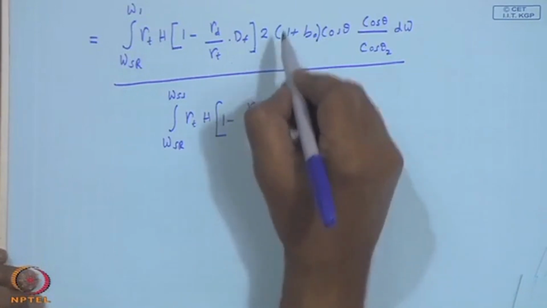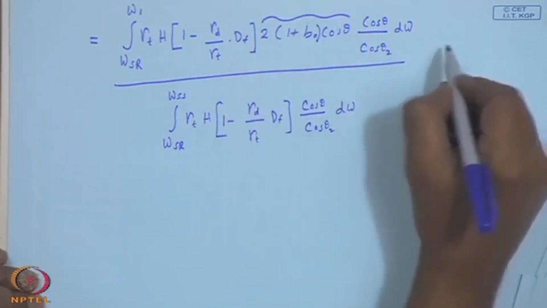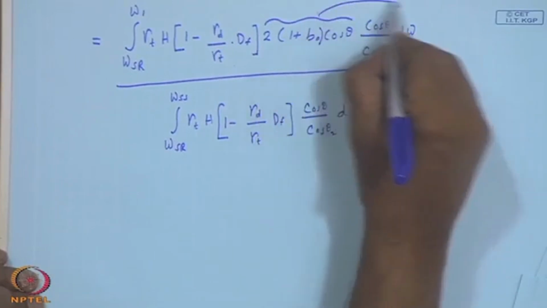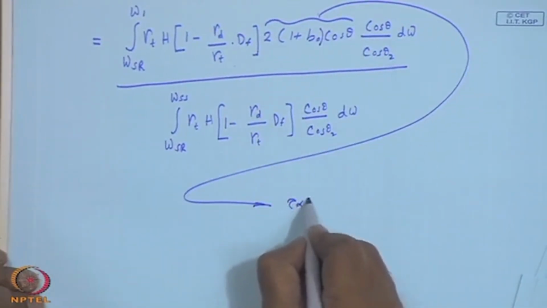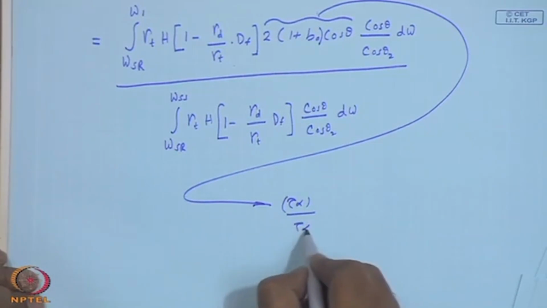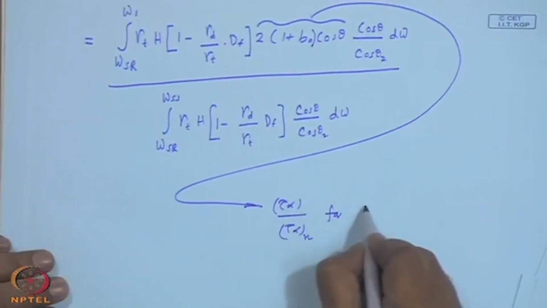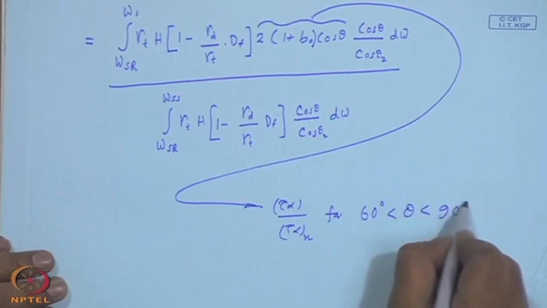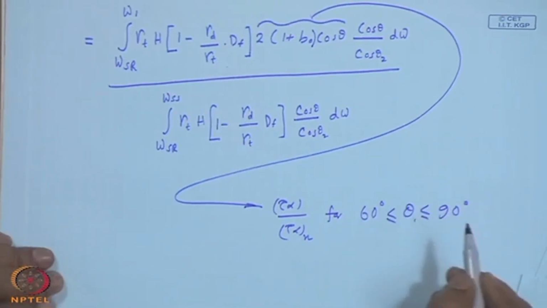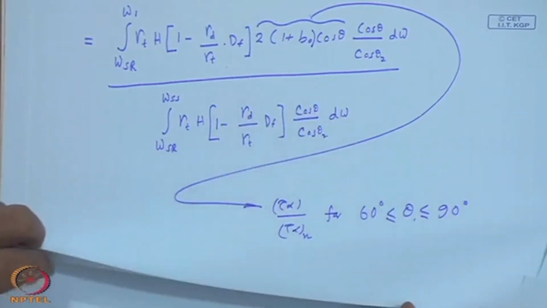Mind you, this is tau alpha by tau alpha normal for theta from 60 to 90 degrees. This is nothing but what we have in the denominator.